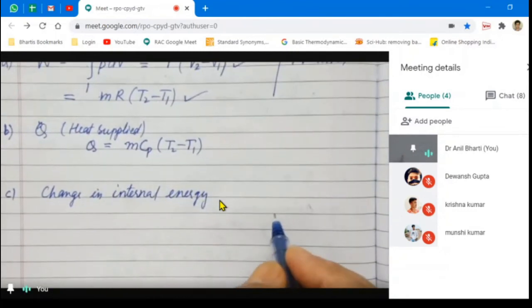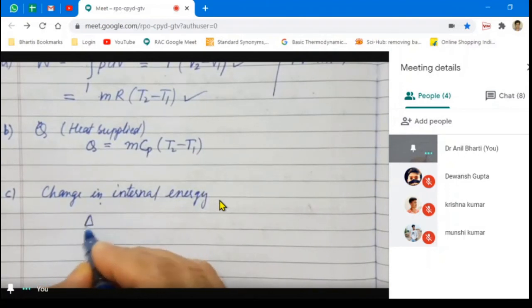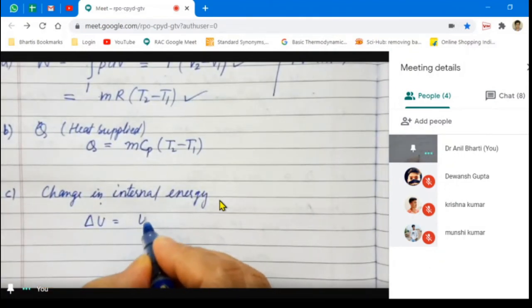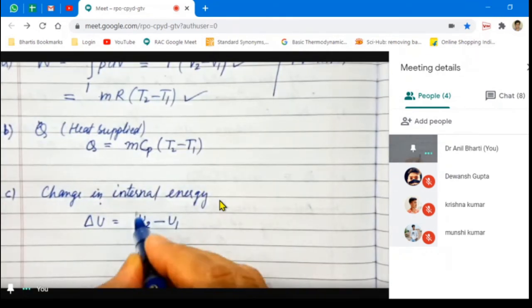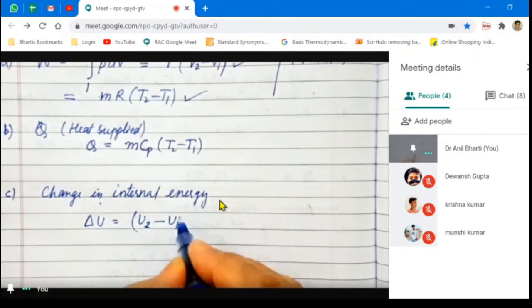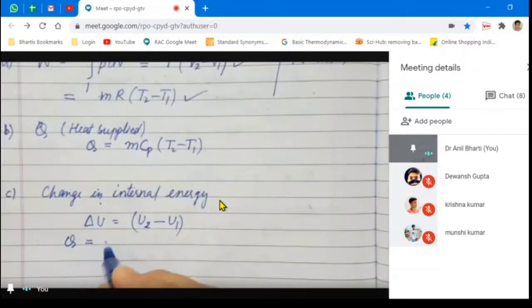Change in internal energy, which is, we know that internal energy delta U is equal to U2 minus U1, or by the first law equation, thermodynamics has given us the equation that the total amount of heat energy is equal to W plus delta U. Now substituting the values for Q and W, we can find out the delta U.